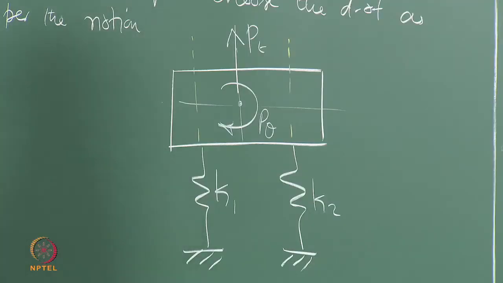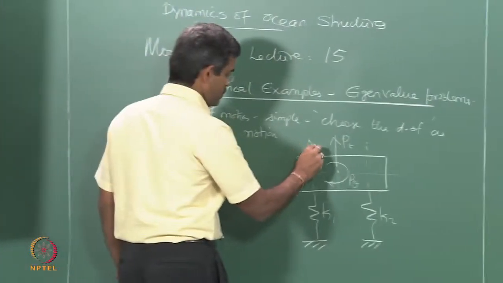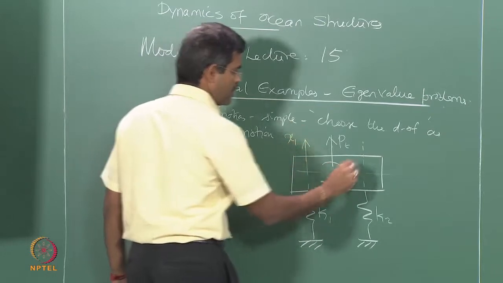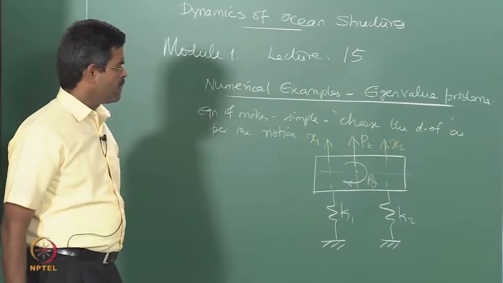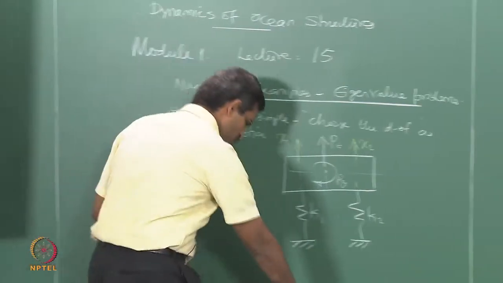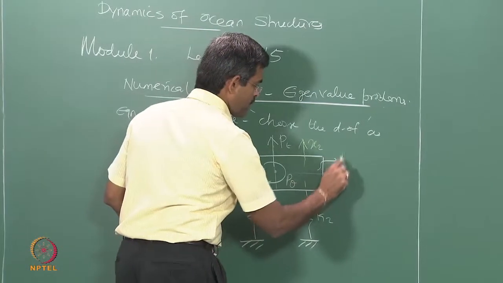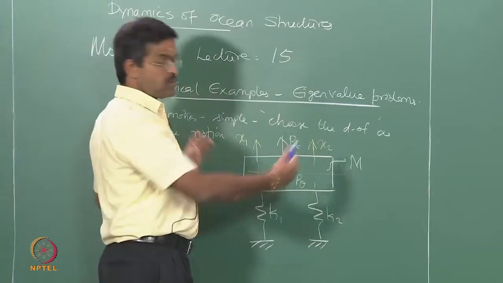Let us say this is my x1 and this is my x2, and of course, the mass is capital M with the total mass.